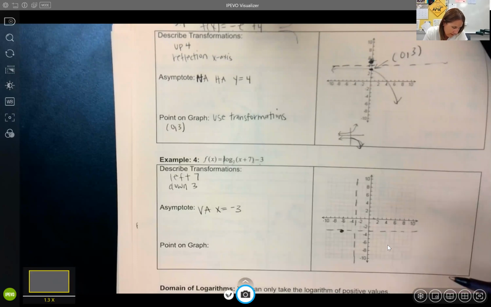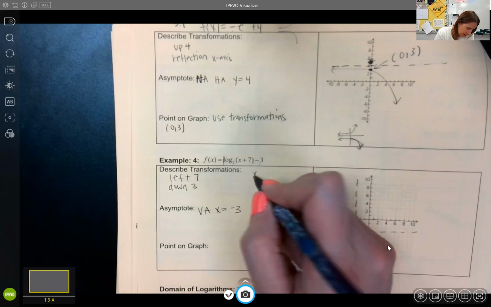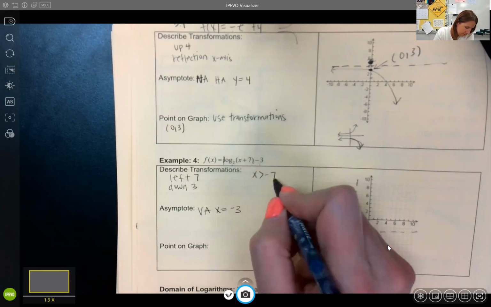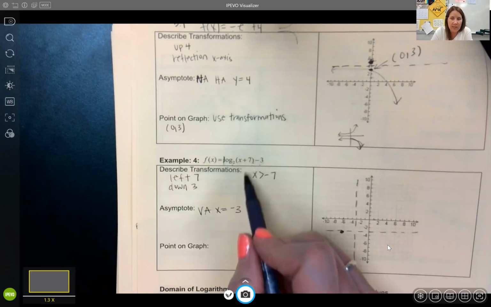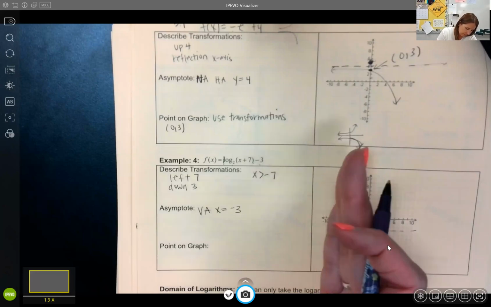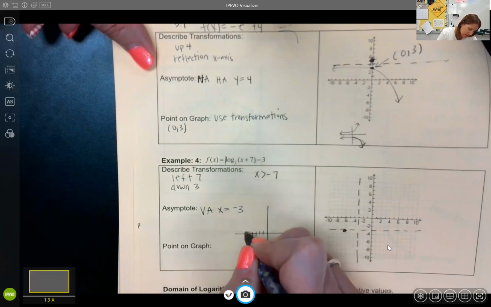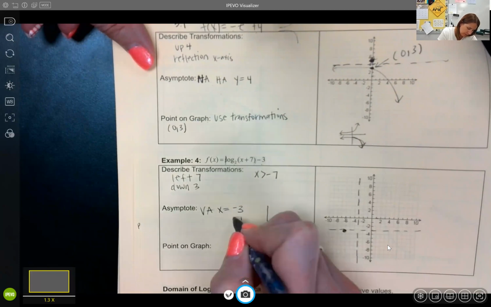So remember, I'm still doing the -3. Our domain on a log is going to be greater than -7 because the x plus 7 means I'm shifting the graph left 7. So 1, 2, 3, 4, 5, 6, 7. I was still doing my horizontal asymptote.